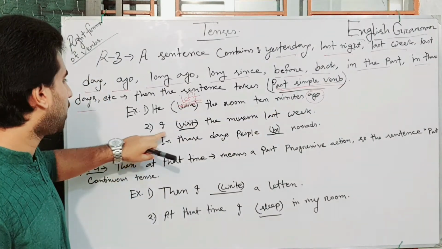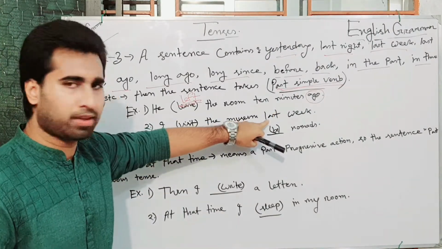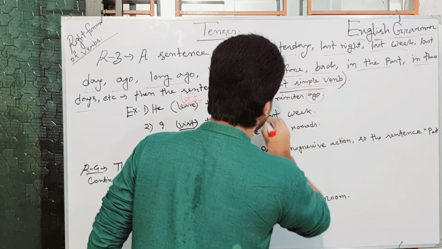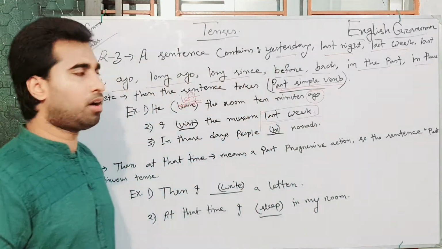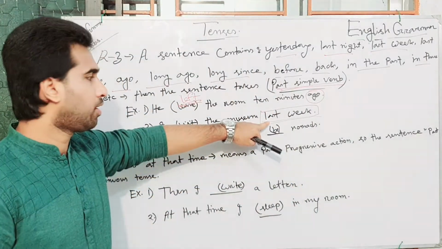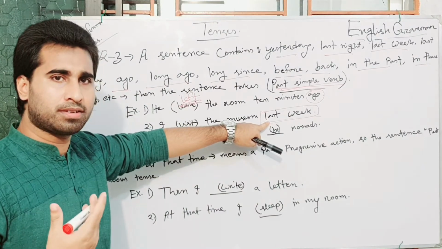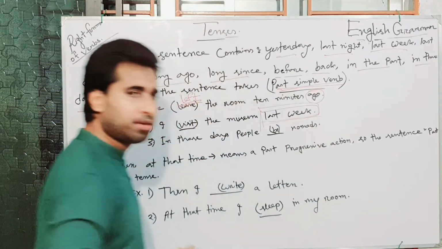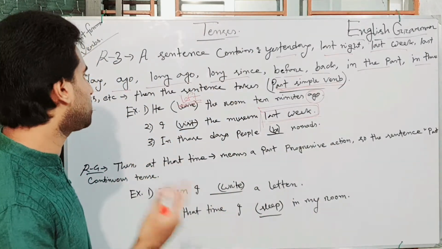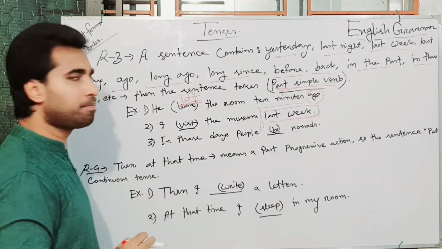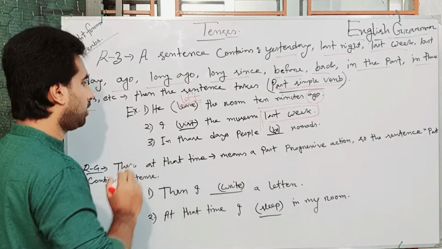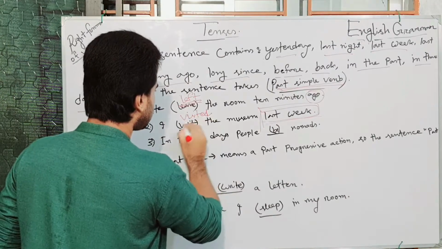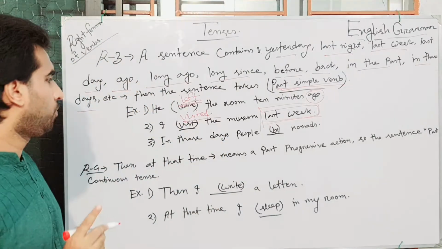The next one is: I visited the museum last week. It's not today's action or tomorrow's action, or an action going on. Last week refers to a past action or past time. So: I visited the museum last week.